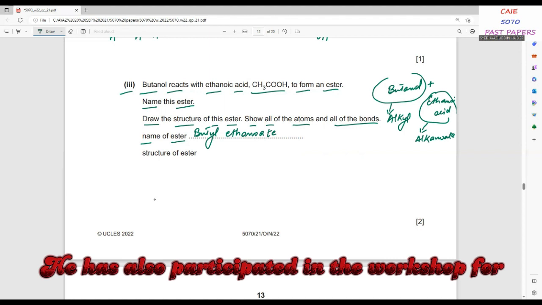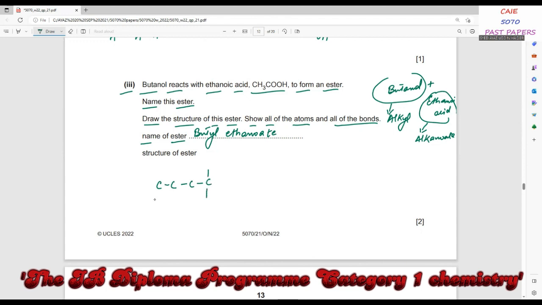So you can start drawing the structure. We have the butyl group, 1, 2, 3, 4, and it must have oxygen attached. Now you have the alkanoate group, which is ethanoate here, so carbon 1, 2.